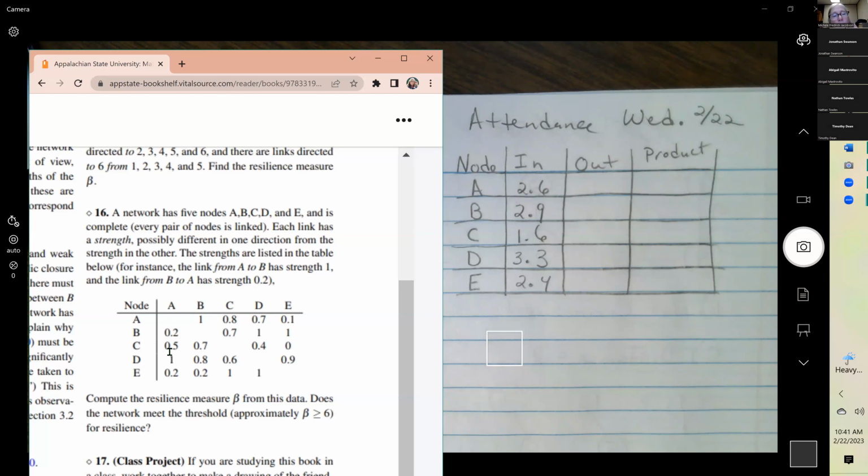Now going out would be this way. So it'd be 0.2, 0.5, 5, 6, 7, 8, 9, 1.9.